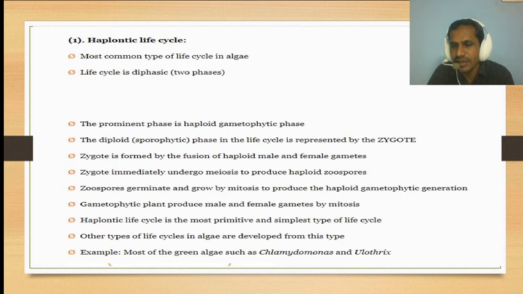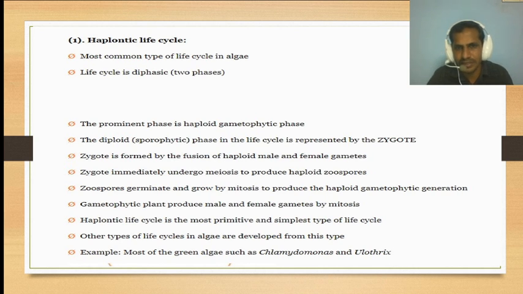It is a very simple, primitive life cycle, which is very common in Chlamydomonas, Oedogonium, Oscillatoria, Spirogyra. This haplontic life cycle occurs in unicellular organisms and also in multicellular organisms. Unicellular, like Chlamydomonas; multicellular, like Oedogonium.